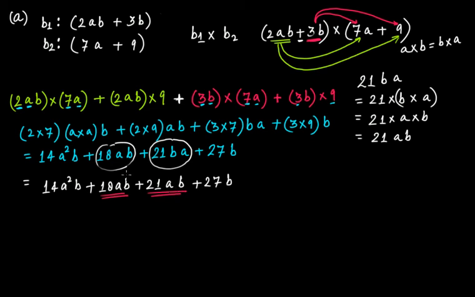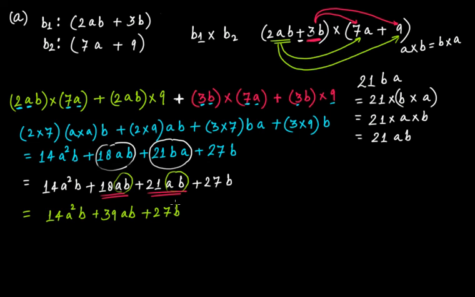Because here you have ab as the algebraic factor, and here you also have ab as the algebraic factor, a here, b here, right? So you can add them together. This is 14a squared b, 18 plus 21 is 39, so 39ab plus 27b.